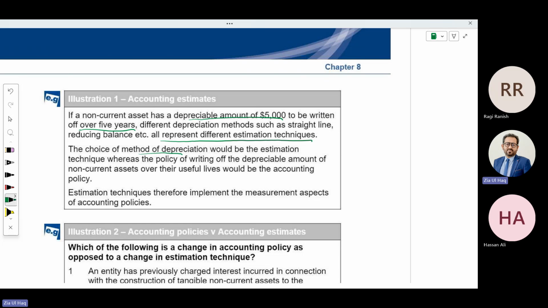The choice of method of depreciation would be the estimation technique, whereas the policy of writing off the depreciable amount of non-current assets over their useful life would be the accounting policy. I mean, previously you were not depreciating, now you have started depreciation, that is a policy change. Estimation techniques therefore implement the measurement aspect of accounting policy. And this is just a pattern of calculation.